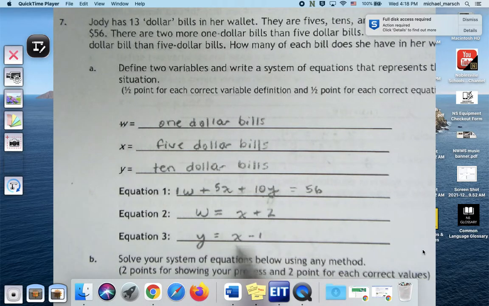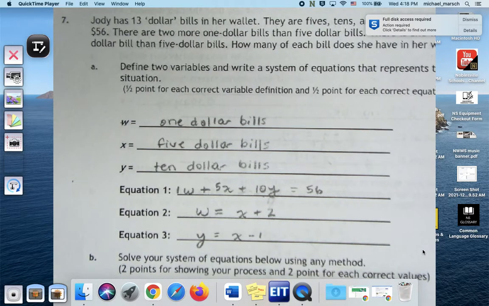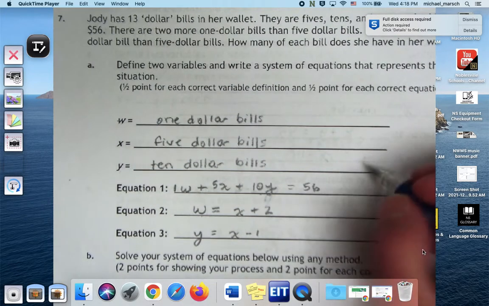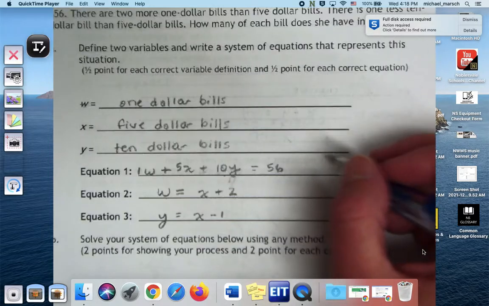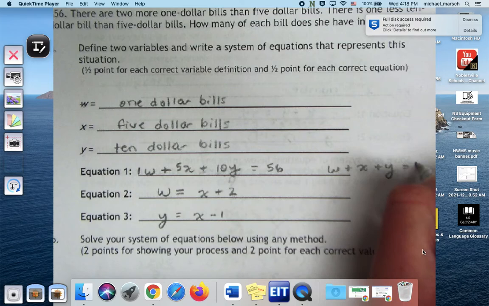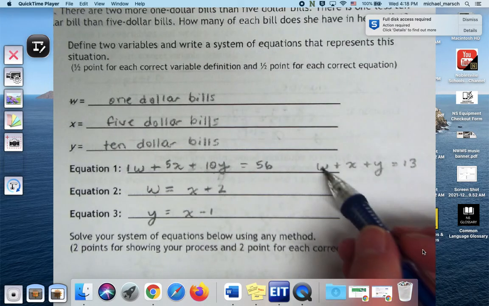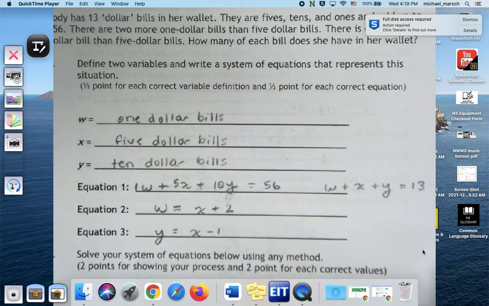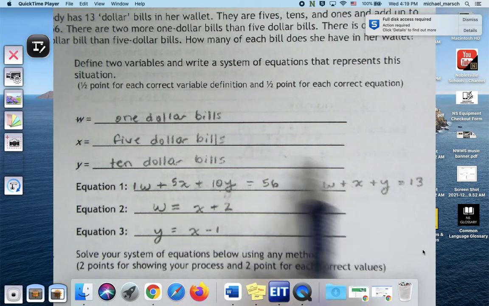It's one less than the $5. I guess another one you could do, a different equation, could be W plus X plus Y equals 13, because that's how many bills there actually are. It says she has 13 bills, right? So that could work as well.